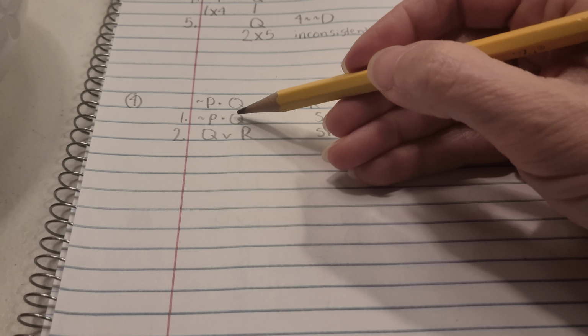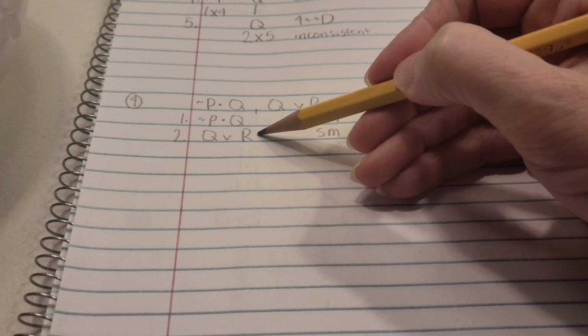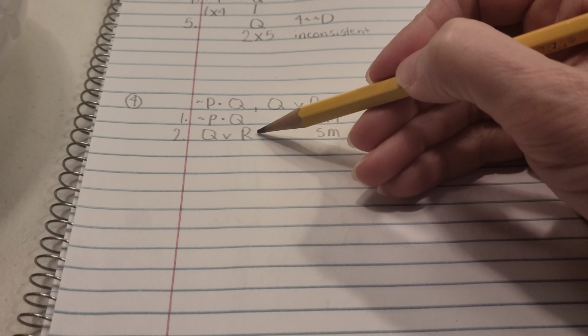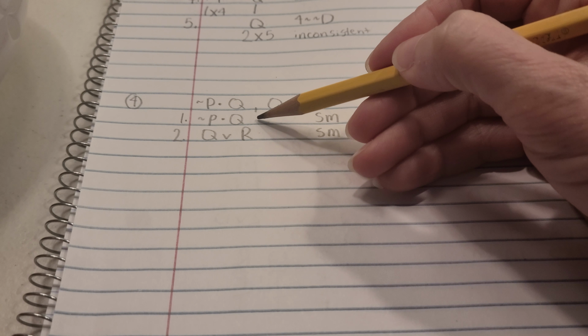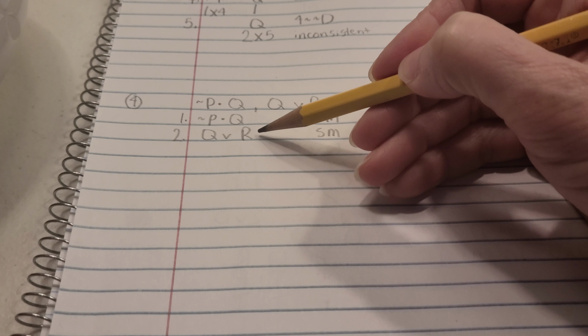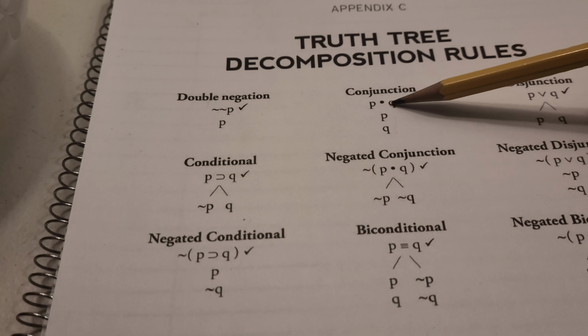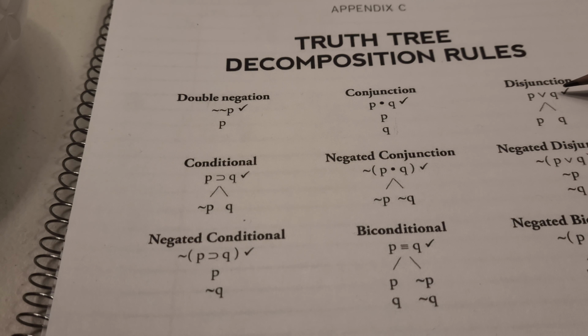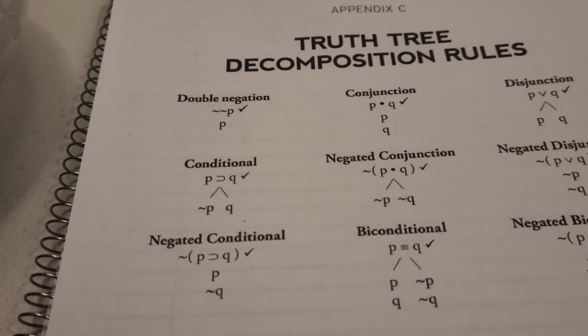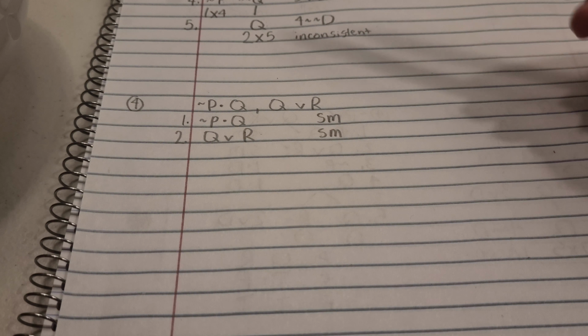Now for this one, we have a conjunction and a disjunction. And we want to decompose the line that will not branch. So if you remember in the other video we did, a conjunction does not branch. A disjunction does branch because it has options. So we're going to decompose our conjunction first, which is line 1.